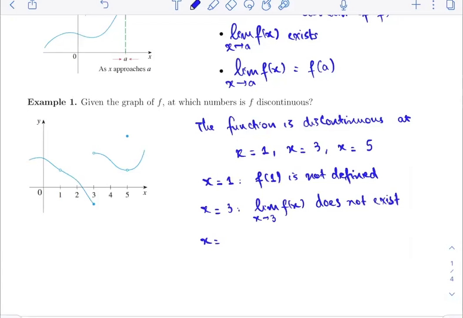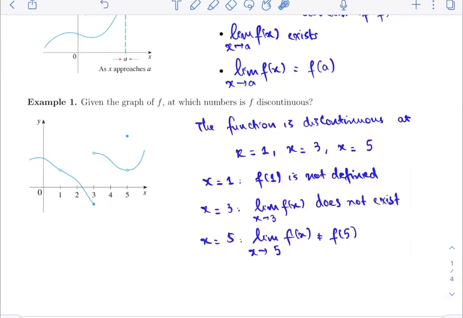And at x equal to 5, the limit of the function as x approaches 5 does not equal f of 5. Because of these explanations, we can draw the conclusion that the function is not continuous at x equal to 1, not continuous at x equal to 3, and not continuous at x equal to 5.